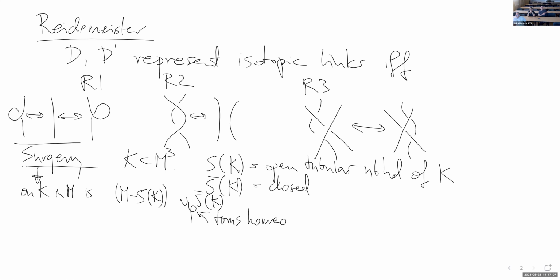And Lickorish proved that every three-dimensional manifold can be obtained by a surgery on a link in S3. Well, at least a closed one can be obtained by a surgery on a link in S3. And different surgeries on different links can give the same manifold. However, there is a way of classifying this ambiguity.